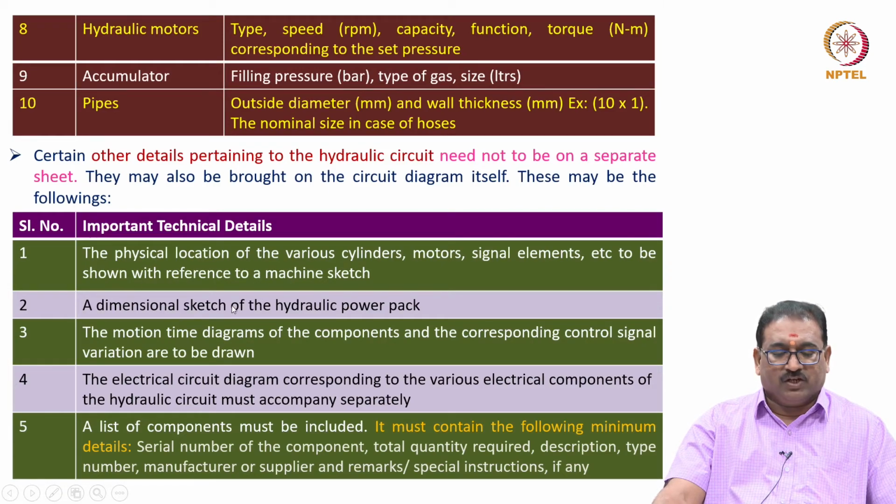Second, a dimensional sketch of the hydraulic power pack. Motion-time diagrams of the components and the corresponding control signal variations are to be drawn. Then, very importantly, the electrical circuit diagrams corresponding to the various electrical components of the hydraulic circuit must accompany separately.